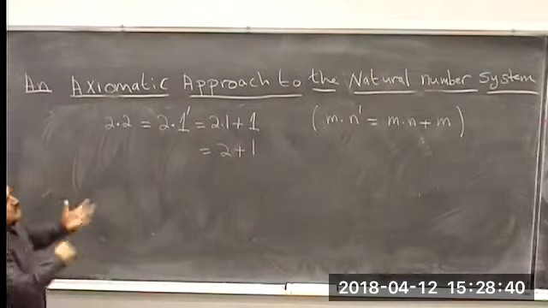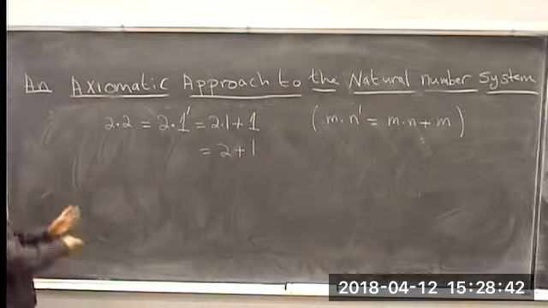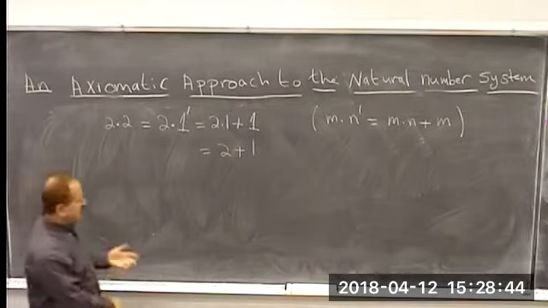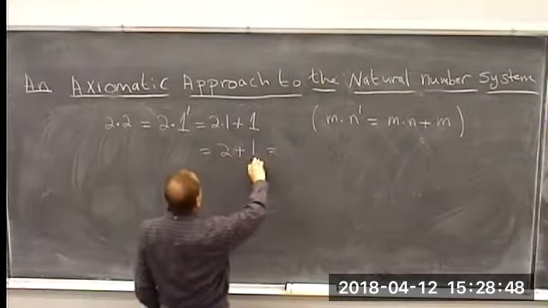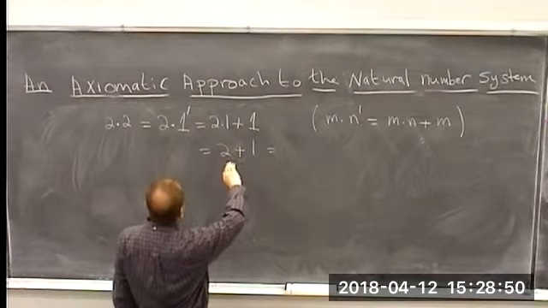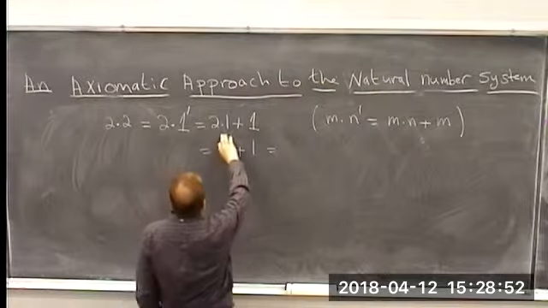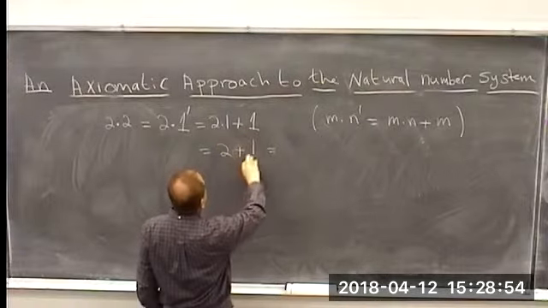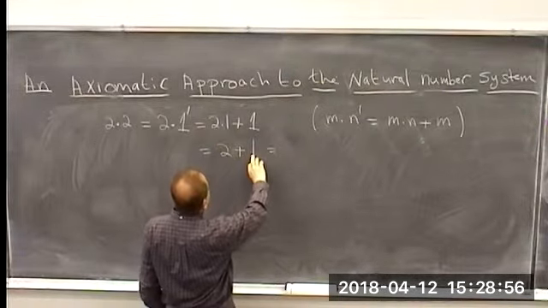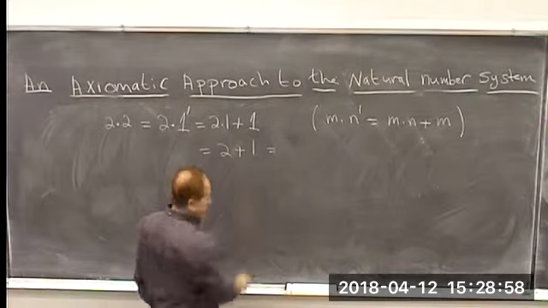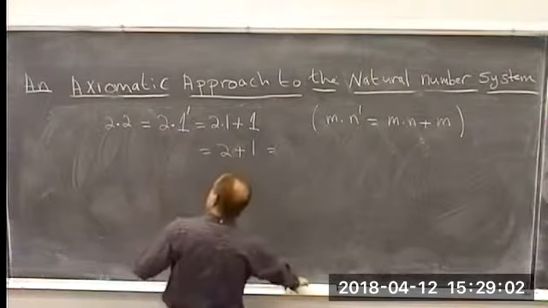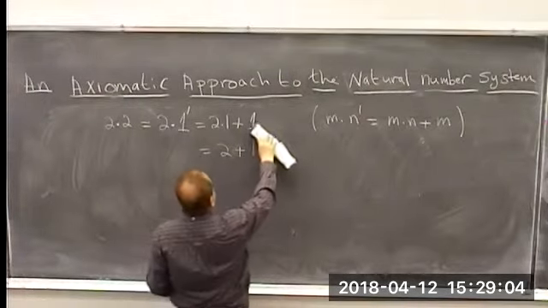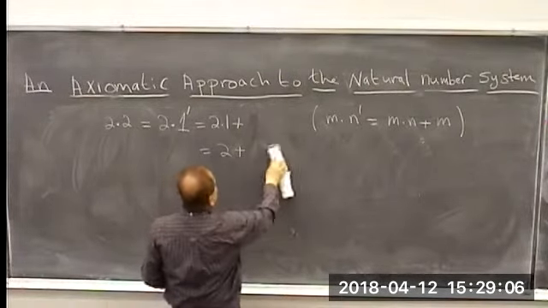Now we already have 2 plus 1, we already established that, or I can go to my addition, and this is of course equal to, let me see here. So we have 2 plus 1, and this one is, the m is actually 2 in it.